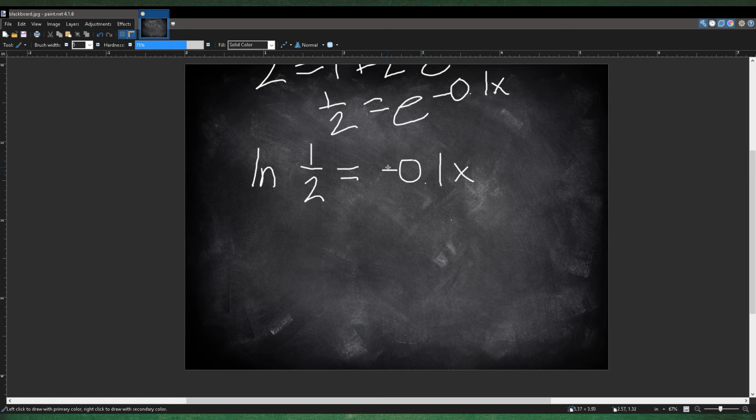Then you divide both sides by negative 0.1 to get x. Using your calculator, ln of 1/2 divided by negative 0.1 gives x of about 6.9. So about 6.9 is going to be our inflection point.